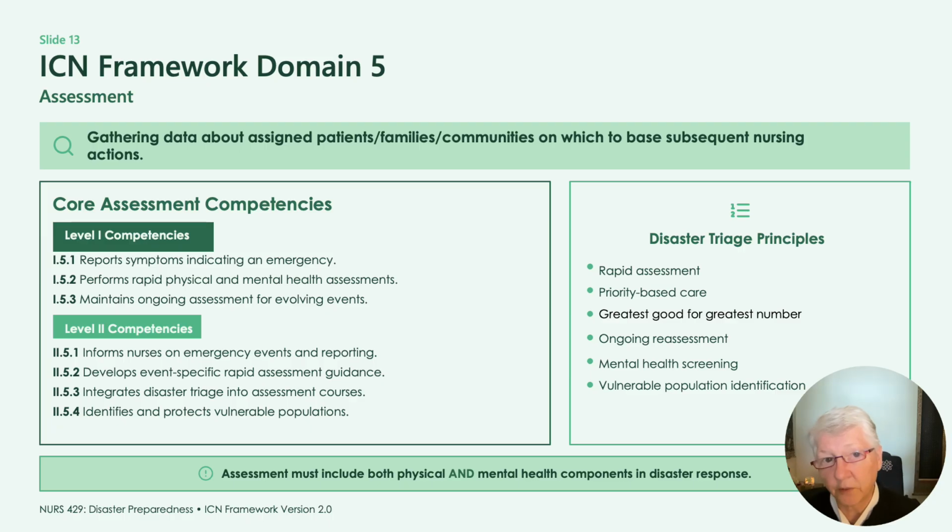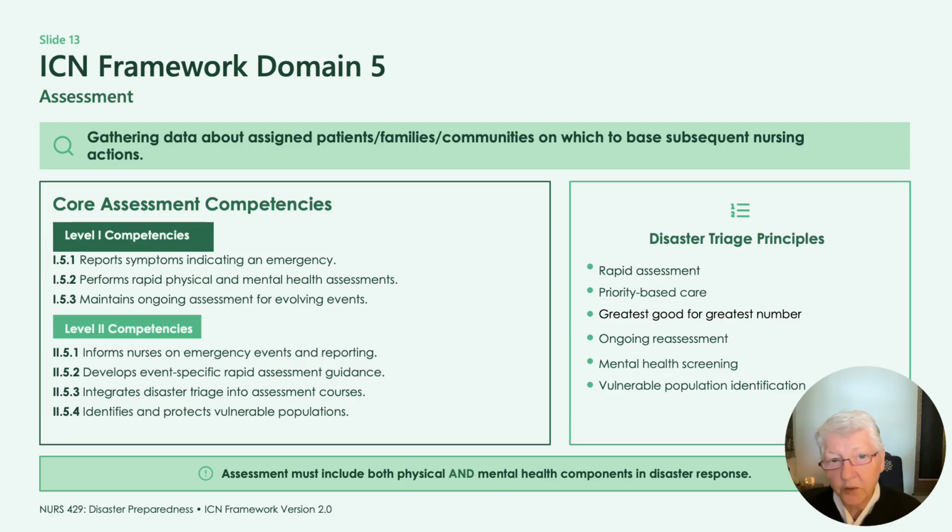Domain 5 addresses assessment. This involves gathering data about patients, families, and communities in order to guide nursing actions during a disaster. At level 1, nurses report symptoms indicating an emergency. They perform rapid physical and mental health assessments, and they maintain ongoing assessment as the event evolves.